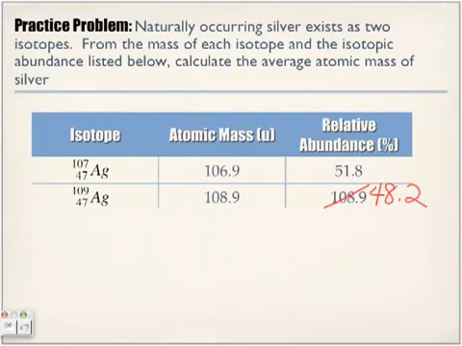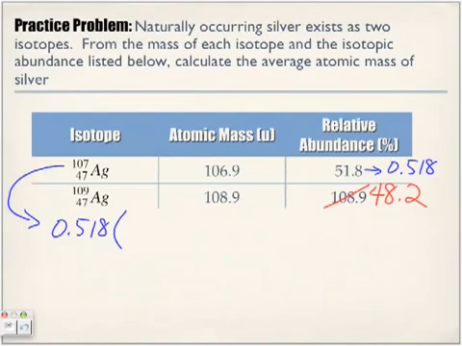So the first silver, we want to convert this to a decimal. 51.8% becomes 0.518, and we're going to multiply it by 106.9. Because we want to find out what percent of all the silvers are of this atomic mass.